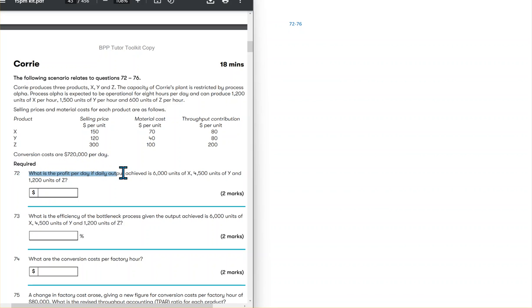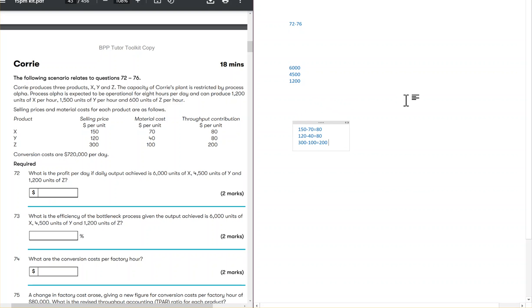What is the profit per day if we produce 6,000 units of X, 4,500 units of Y, 1,200 units of Z? Okay, the profit would be, let's find contribution, which is 15 minus 70, 120 minus 40, 300 minus 100.